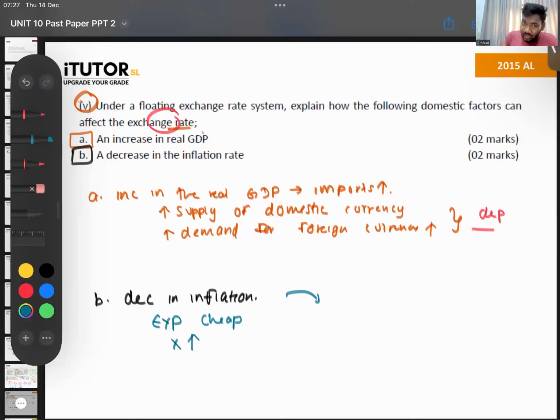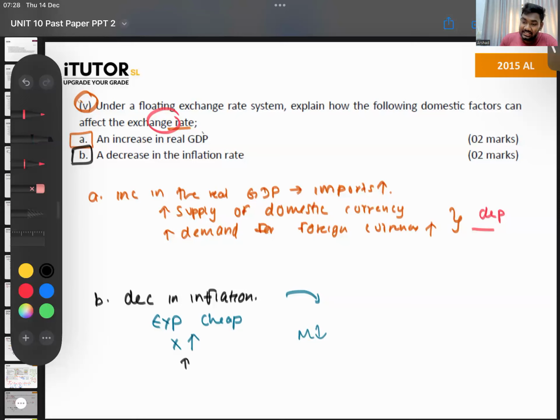No. You will buy goods from your own country because your country's inflation is down. So therefore, even imports tend to come down. That's the other side of it. On one side, your exports will increase. On the other side, since your country's inflation is low, you might not import. You will buy from your country itself. Imports come down.